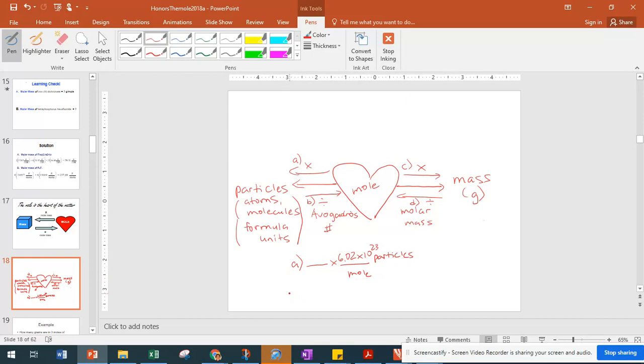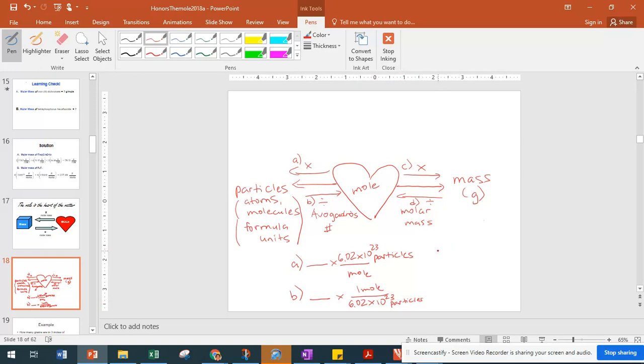If we're dividing, we'll have what we have in our problem multiplied by 1 mole over 6.02 times 10 to the 23rd particles.